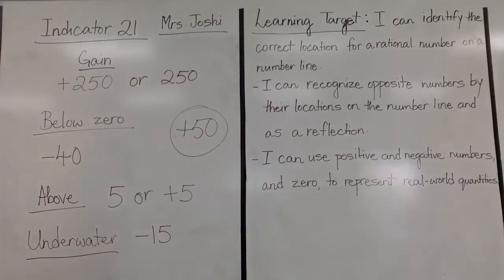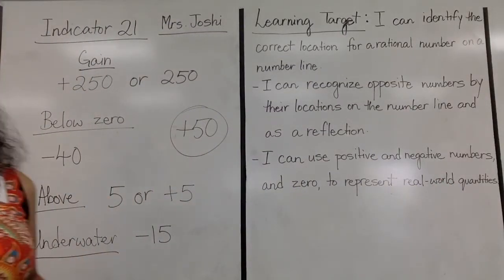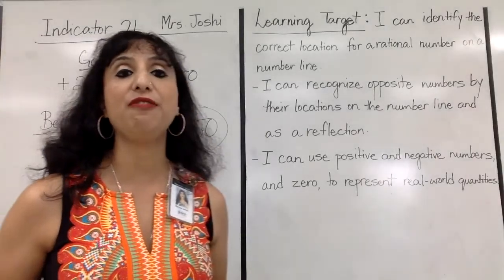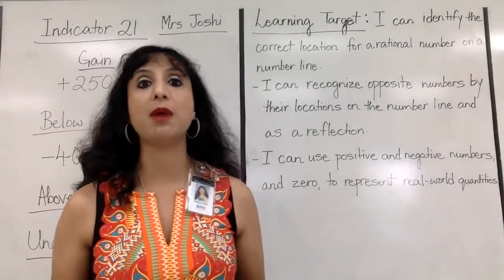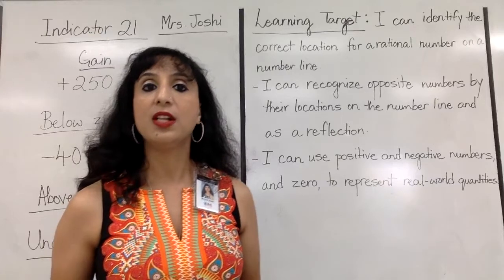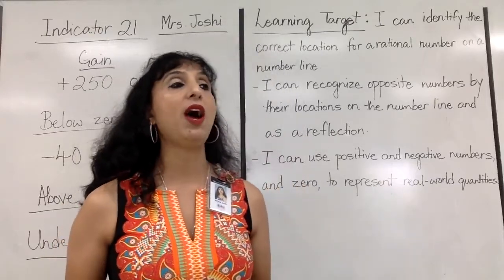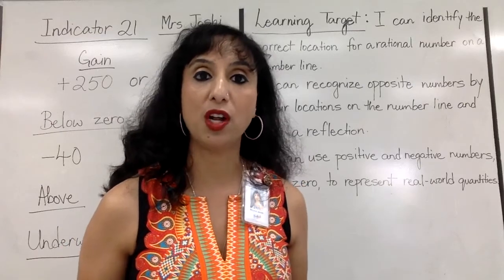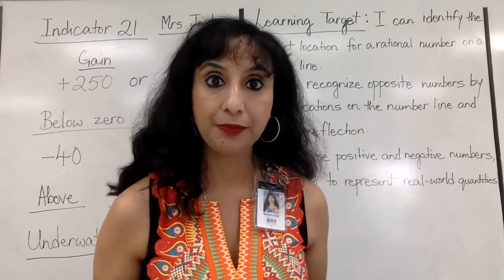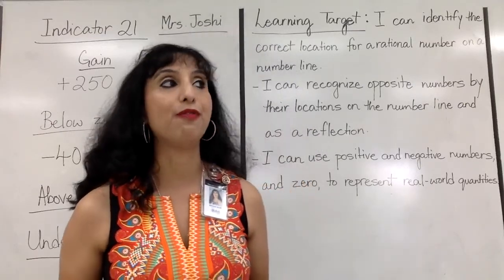A hiker climbs 900 feet up a mountain. Up means positive, so it'll be positive 900 feet. You have a debt of $24, so you owe money, so that would be negative 24.